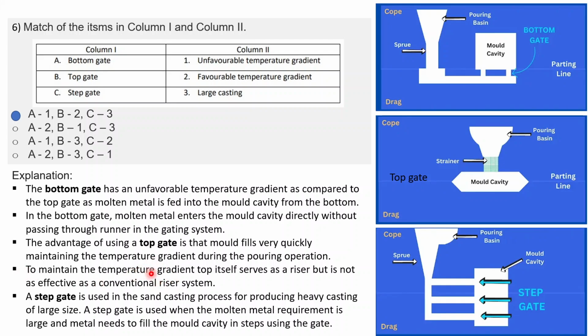To maintain the temperature gradient, the top itself serves as a riser, but is not as effective as the conventional riser system. A step gate is used in the sand casting process for producing heavy castings of large size, when the molten metal requirement is large and the metal needs to fill the mold cavity in steps using the gate.